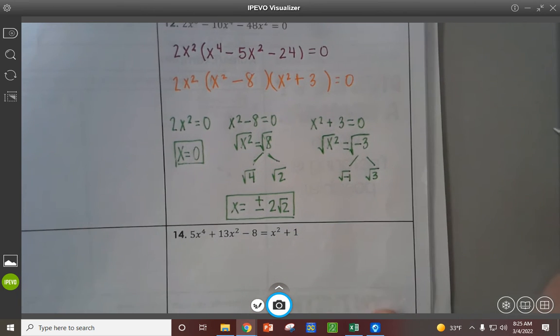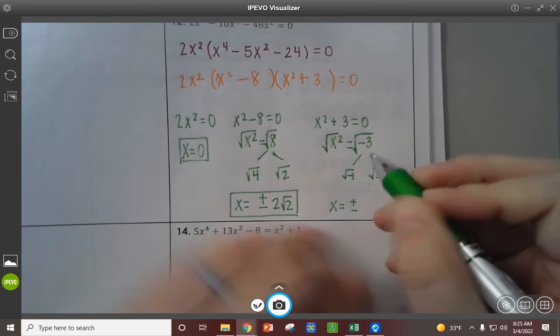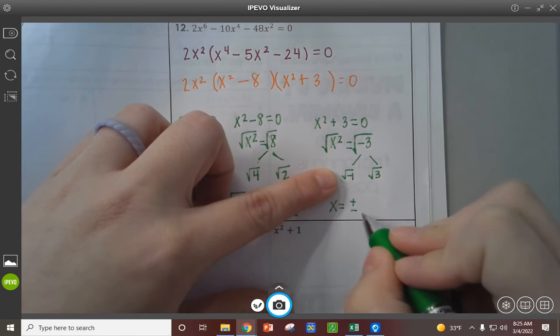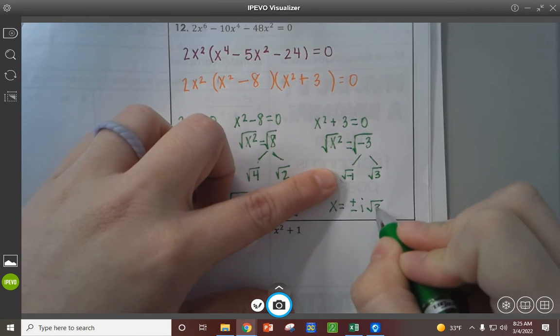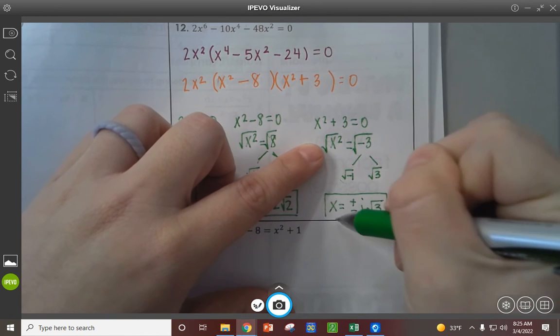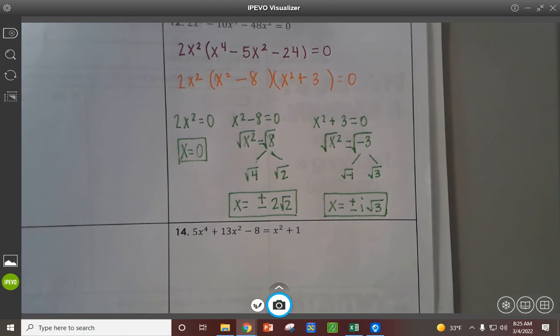So we just leave it square root of 3. So x equals plus or minus. What is the square root of negative 1? I. Then we bring down the square root of 3. Okay.